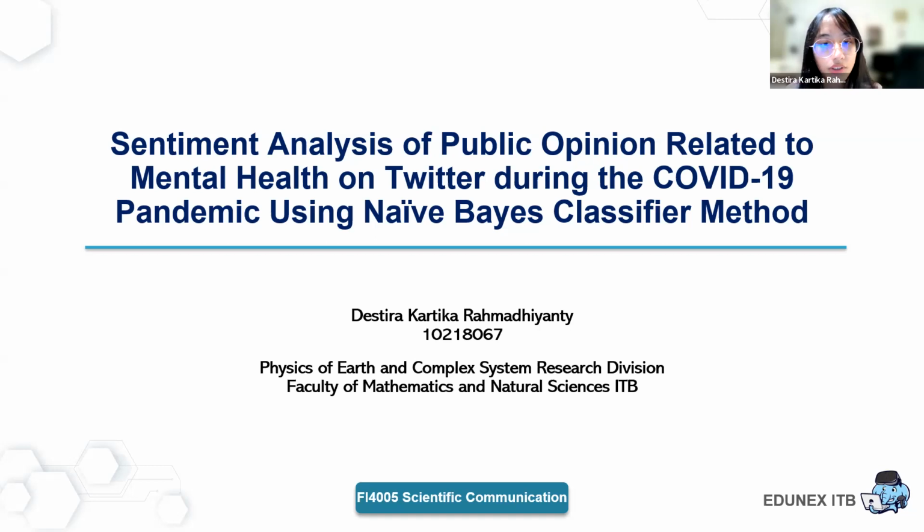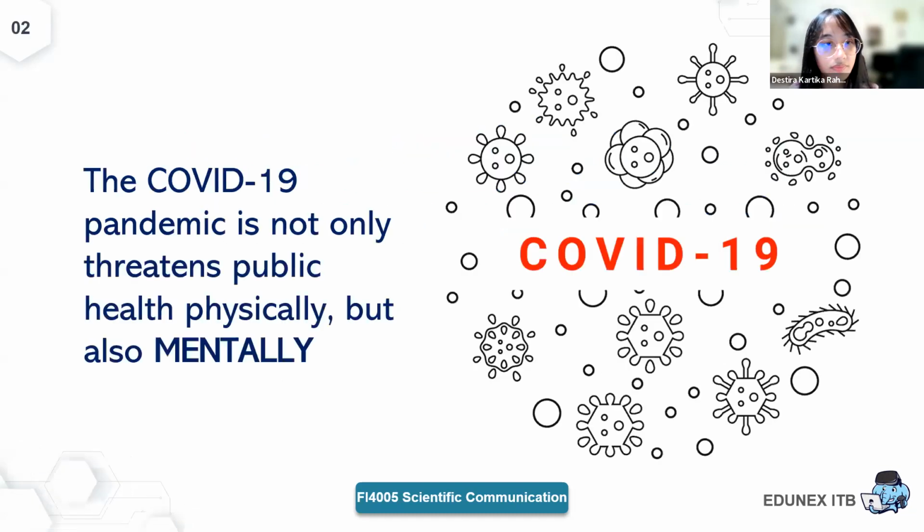This morning, I'm going to talk about sentiment analysis of public opinion related to mental health on Twitter during the COVID-19 pandemic using the naive-Bayes classifier method. Let's start with why I chose this topic. The COVID-19 pandemic is a global crisis that threatens public health not only physically, but also mentally.